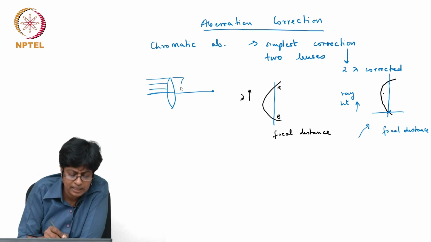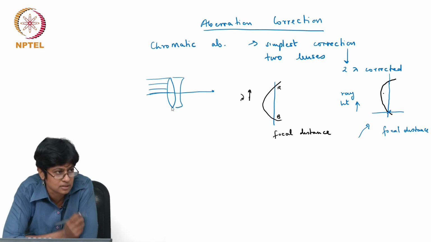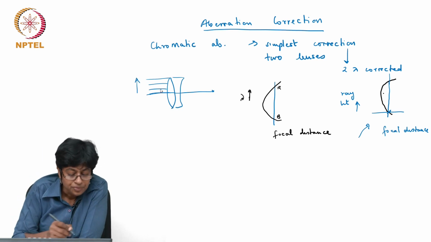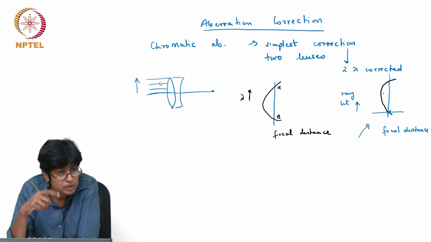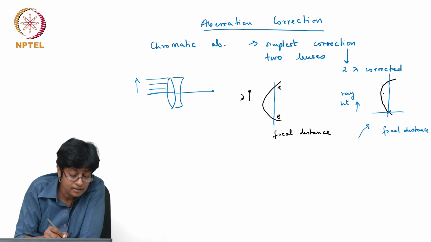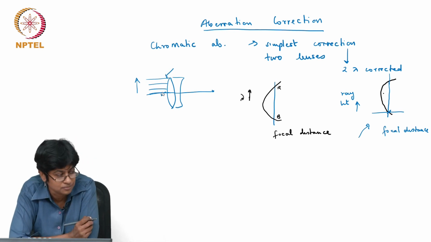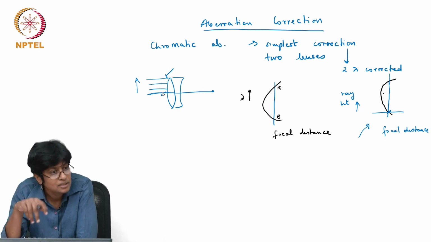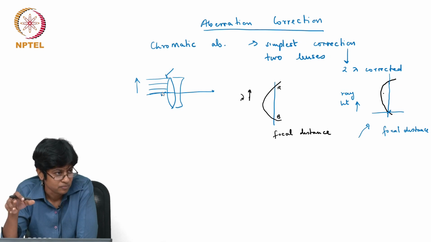I'm drawing a single lens, but I'm talking about a corrected system. As you move up, these rays, just because of their location on this corrected system, are not being corrected. And then again the rays over here, so you have correction here and you have correction here. So you have to look at all these curves to understand what the actual correction is.